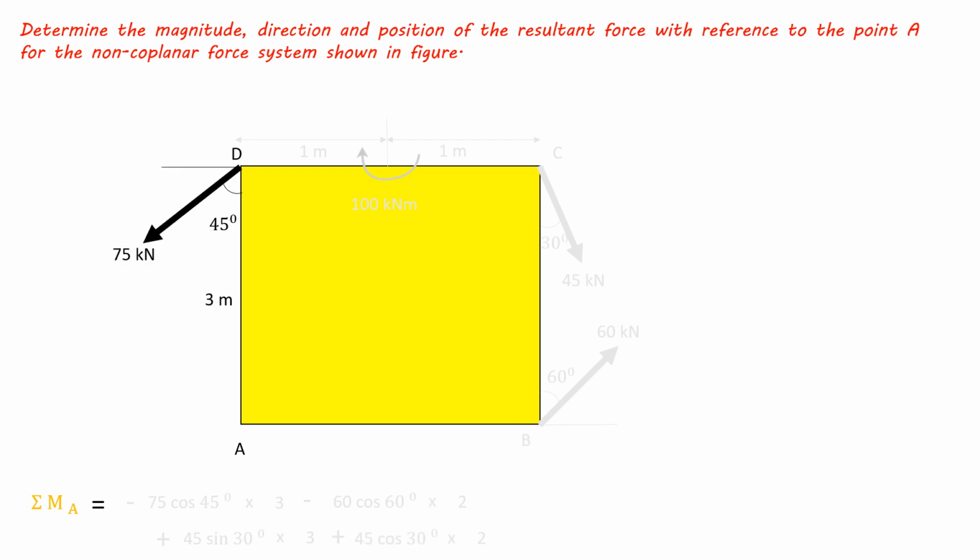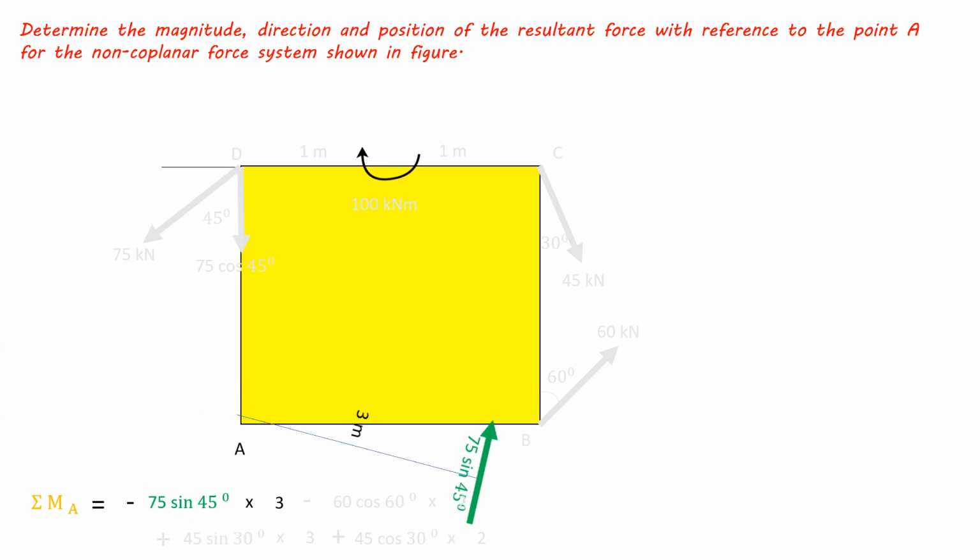Now consider components of this force. First consider this component. Its line of action passes through point D, with a perpendicular distance of 3 meters from point A, and it rotates anticlockwise.